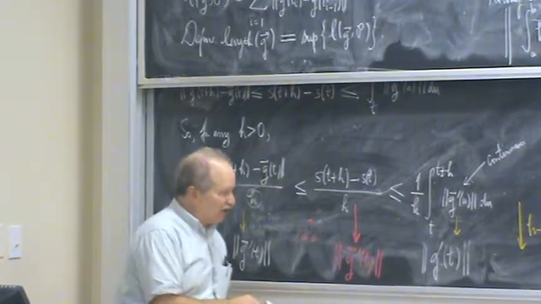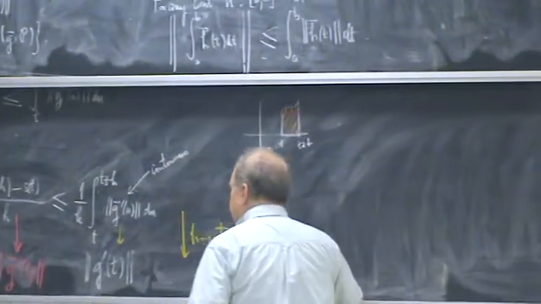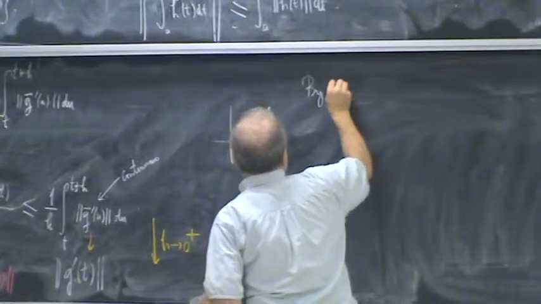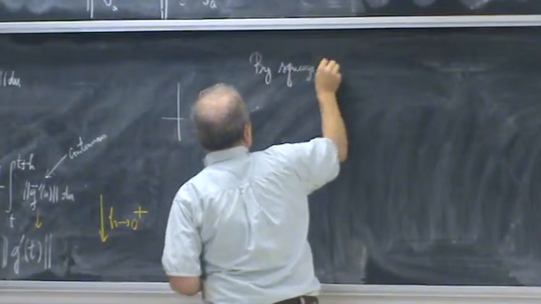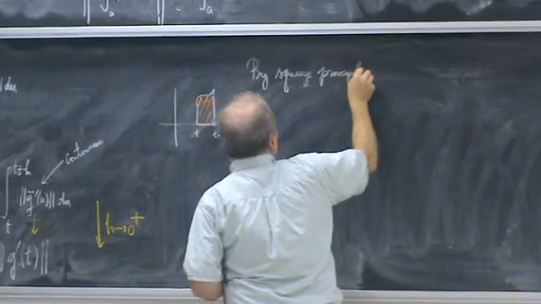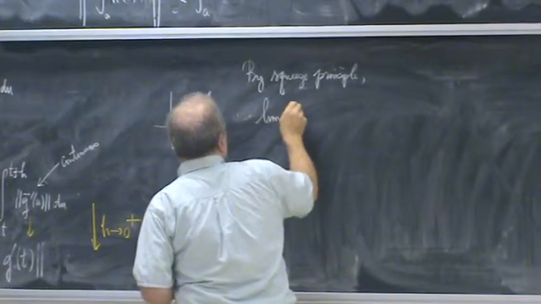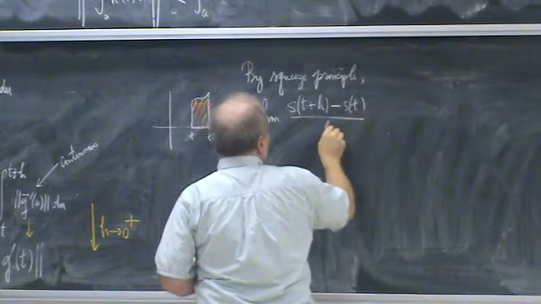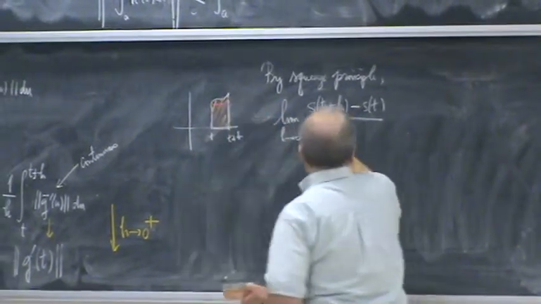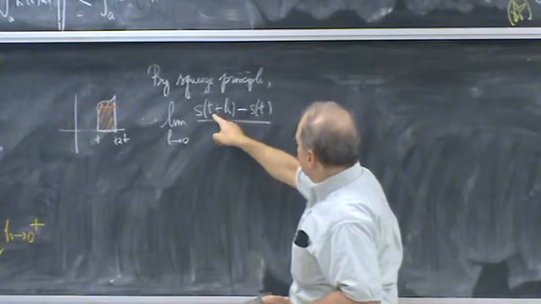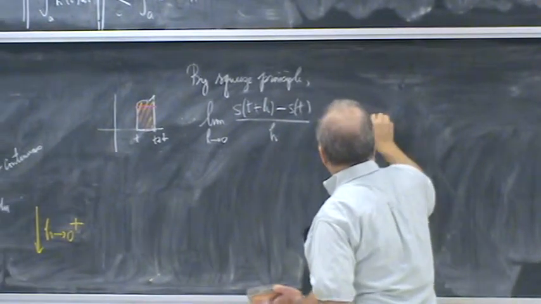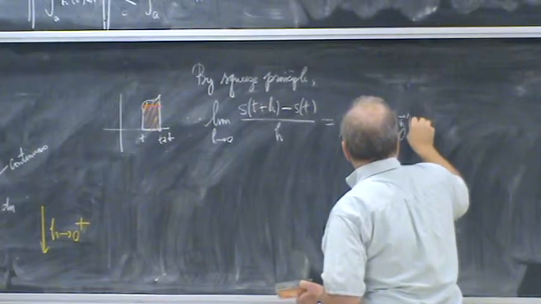So by the squeeze principle, if you take the arc length, the length of the curve, take the little bit of change over the interval from t to t plus h, divide by h, that limit is the derivative, and that is the speed.